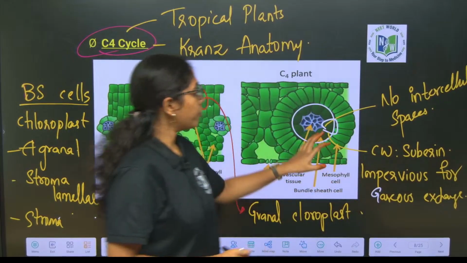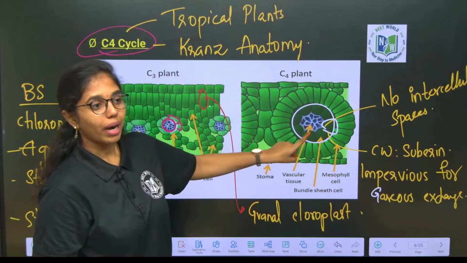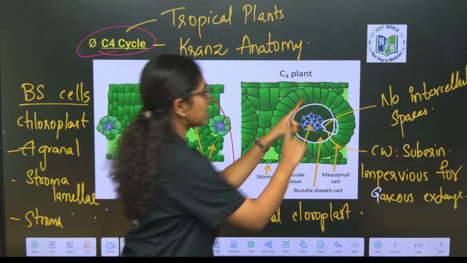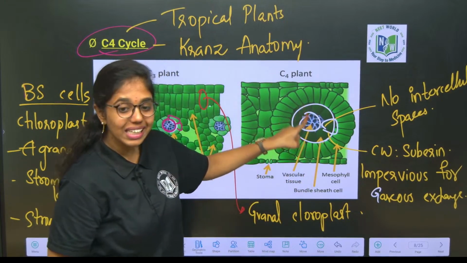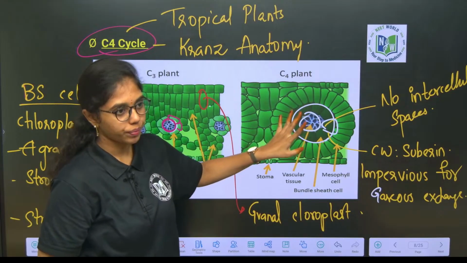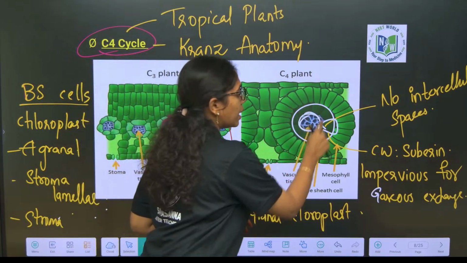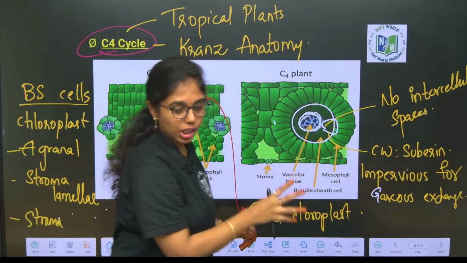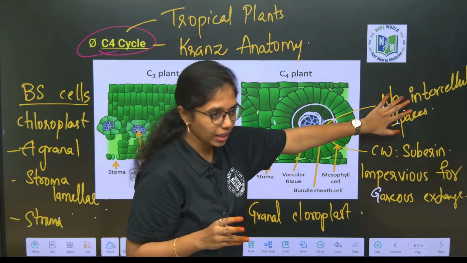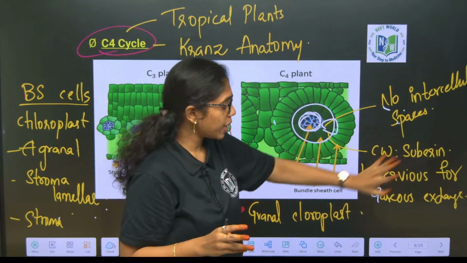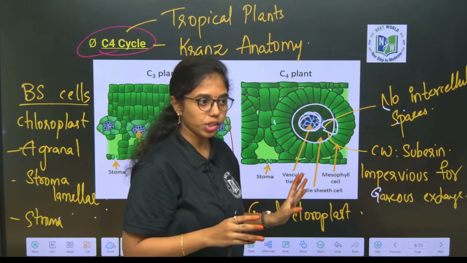Now this concept is clear to you. Bundle sheath cells in C4 plants are the cells surrounding the vascular bundles. Vascular bundles in the leaf are conjoint and closed. This vascular bundle is surrounded by bundle sheath cells, 1 or 2 layers. These cells do not have any intercellular spaces. The wall is made up of suberin, which is impervious to gaseous exchange.